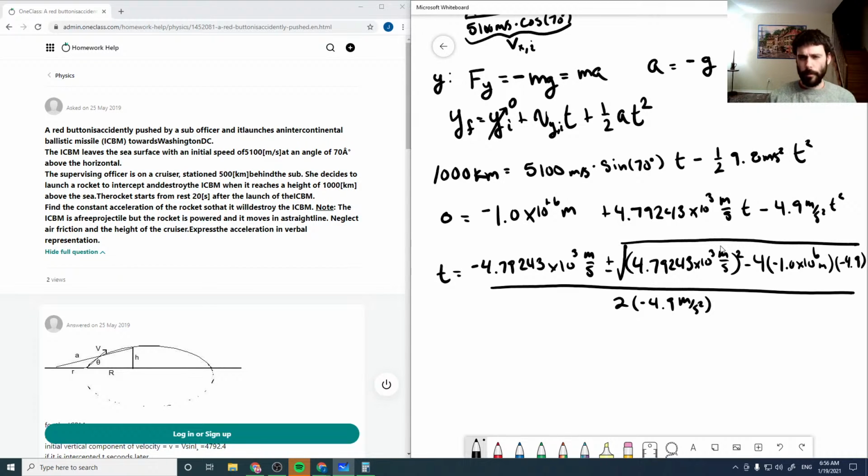So then doing out some of this here, this is 489.023 seconds, plus or minus 1835.044, in meters per second, over 2 times 4.9 meters per second squared.